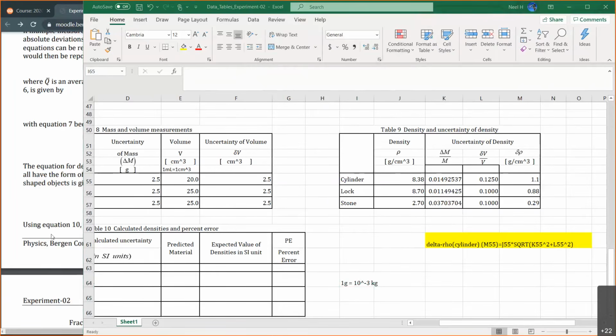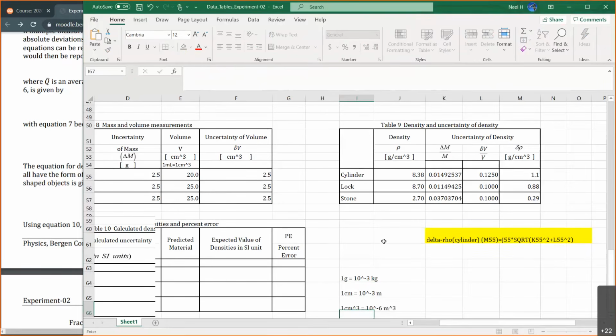Those things you should know generally, otherwise they are in our formula sheet, okay? Which means I need to convert centimeters. Each 1 centimeter is equal to 10 to the power -2 meters. But I need to convert centimeter cube, which means 1 centimeter cube is equal to 10 to the power -6 meter cube.